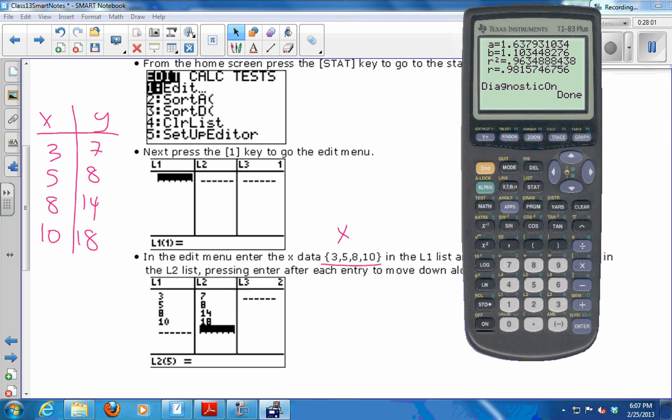Once you've got diagnostic on, do the regression again. Rather than retyping the whole thing, you can hit second enter to pull up the last thing that you typed. Press enter again. This time, you should have R's.